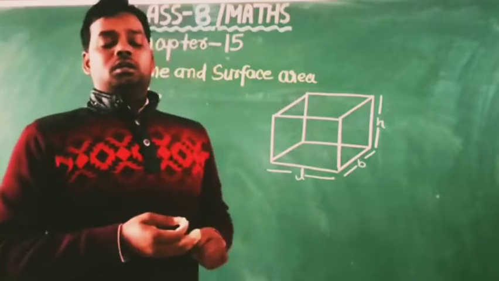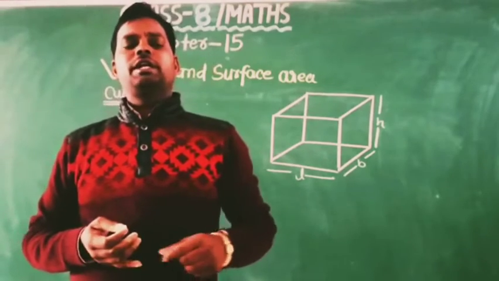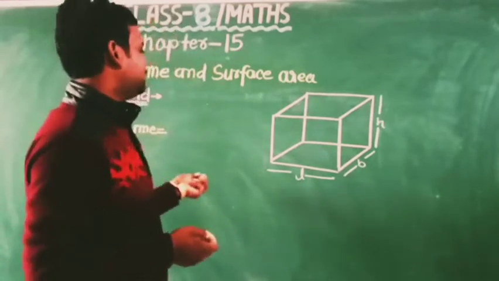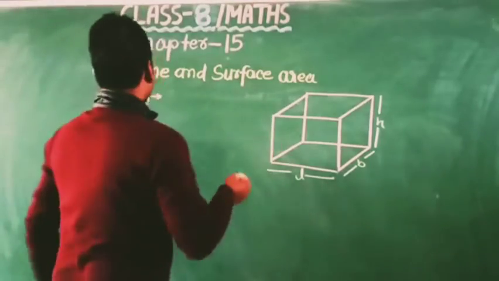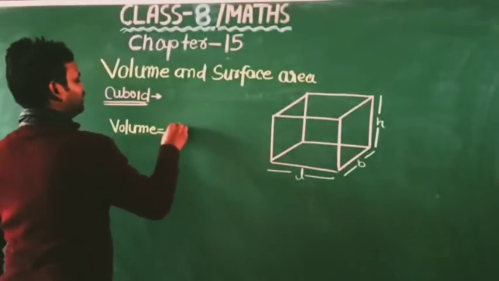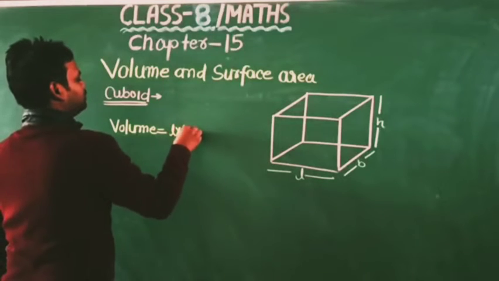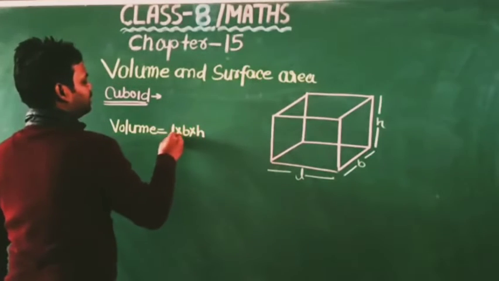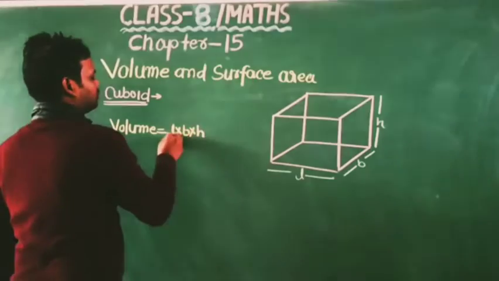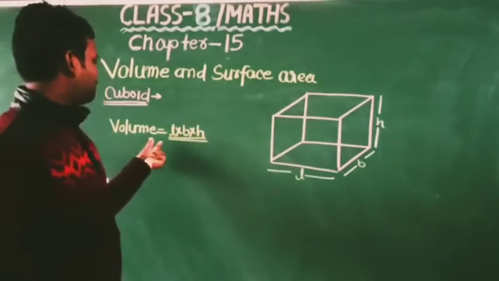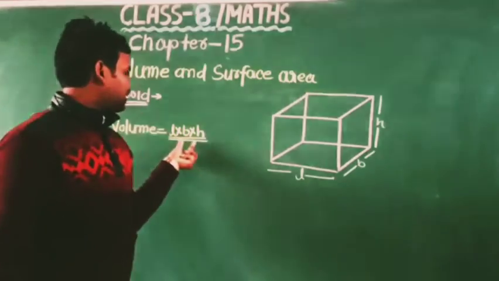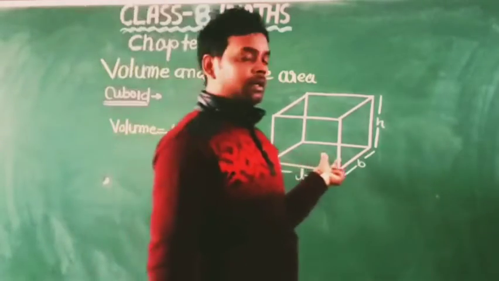Okay, the standard unit of volume is centimeter cube or meter cube. So therefore volume of cuboid equal to length into breadth into height. This is the formula to calculate the volume of the cuboid.